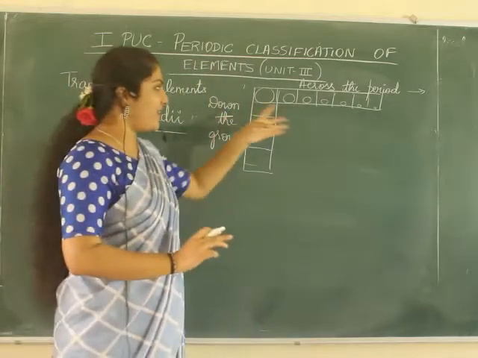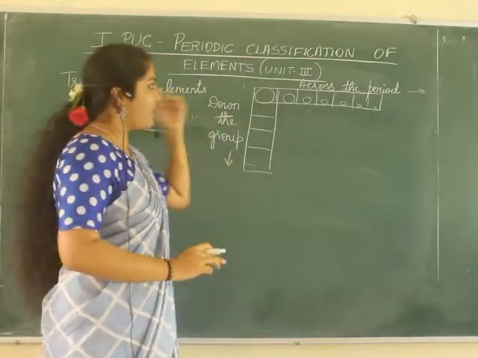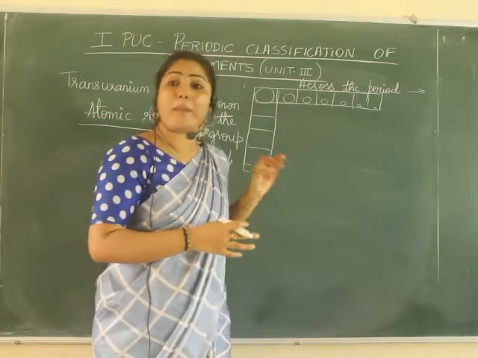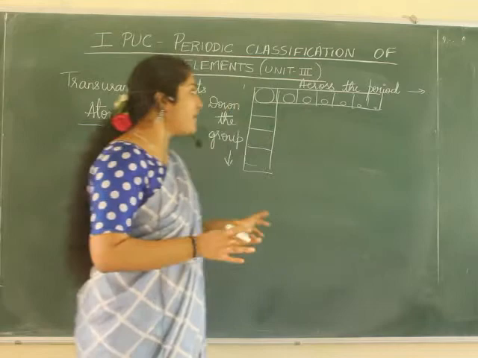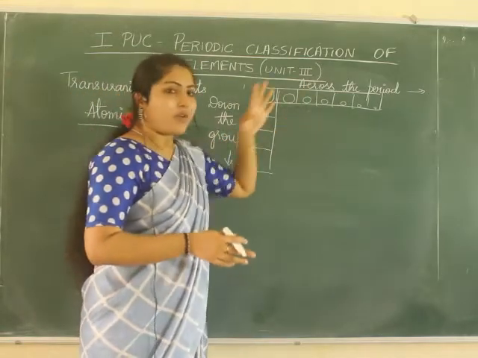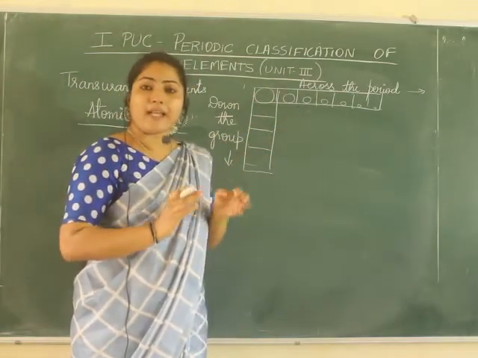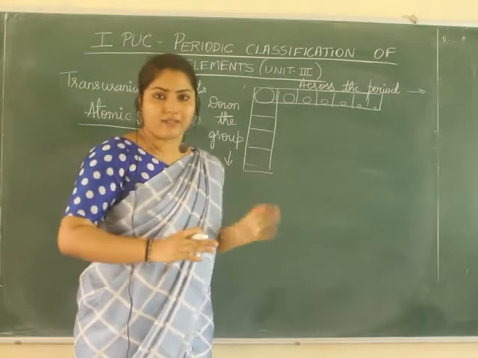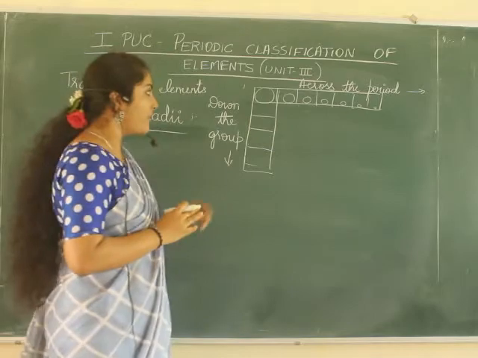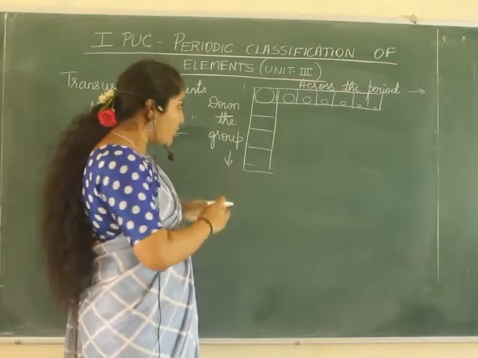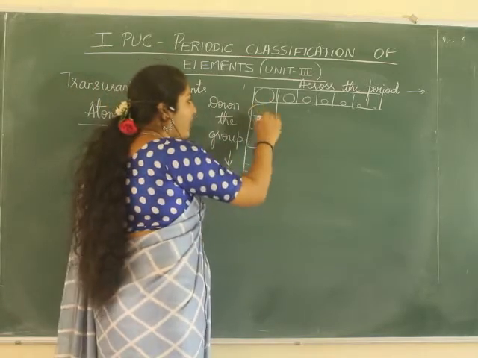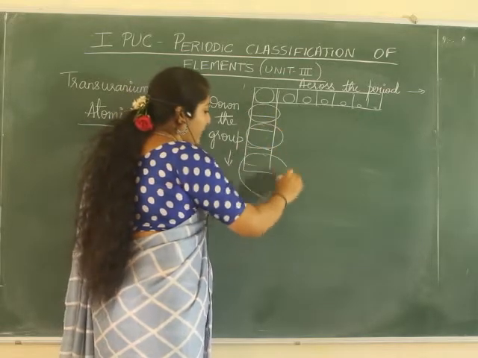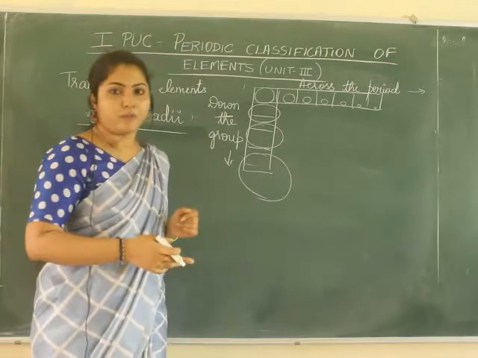In fact, it won't be this way, with the size being so small; I'm just giving you a picturization of it. All right. Across the period, what happens to the atomic size? The atomic size of the elements in the periodic table goes on decreasing. I'll tell you the reason why. And let us remember that down the group, the atomic size always goes on increasing. The size becomes larger and larger down the group.